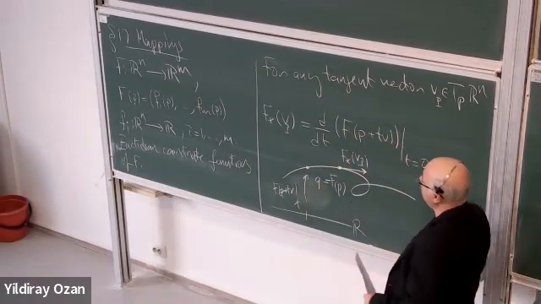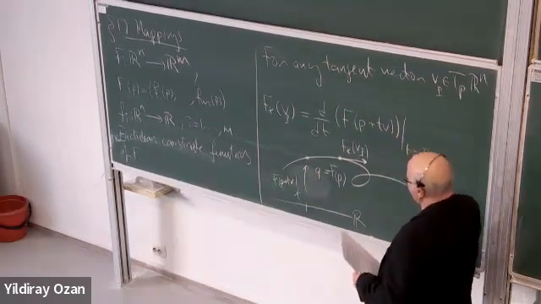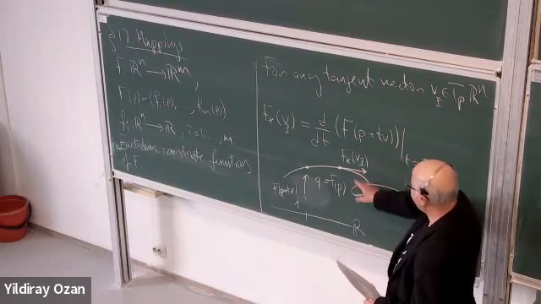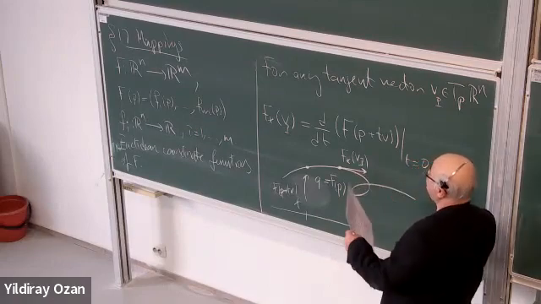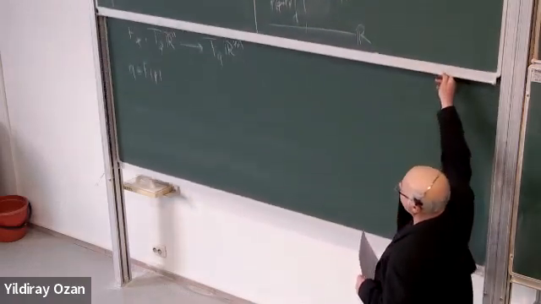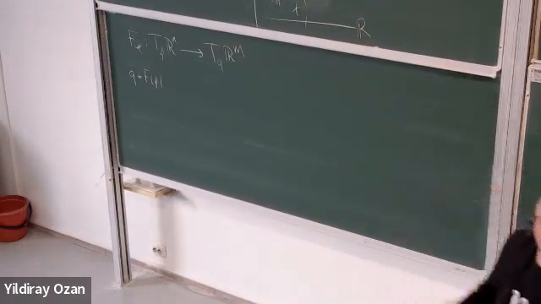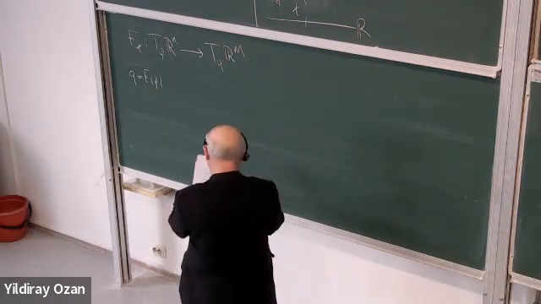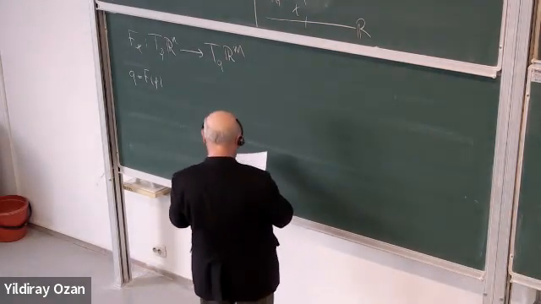So it carries tangent vectors to Rn at the point P to tangent vectors to Rm at the point Q. It is nothing but the derivative map.